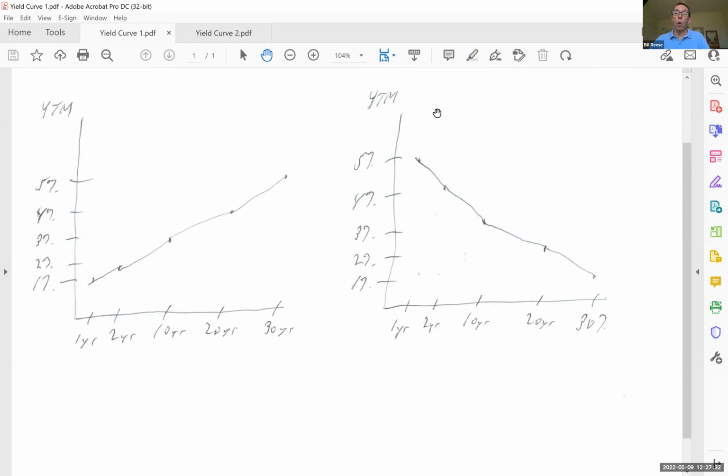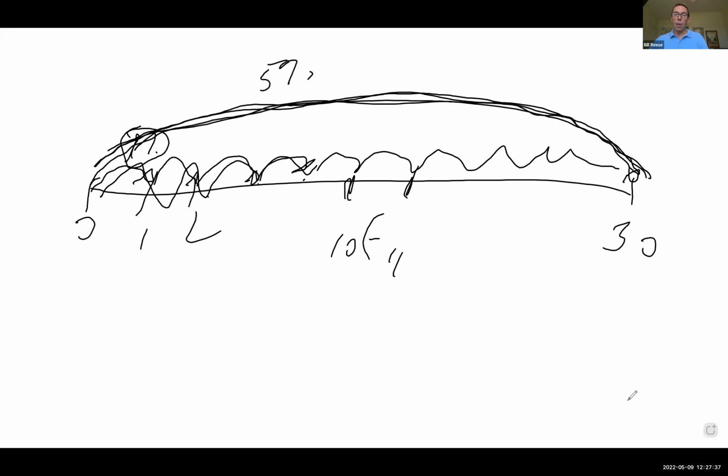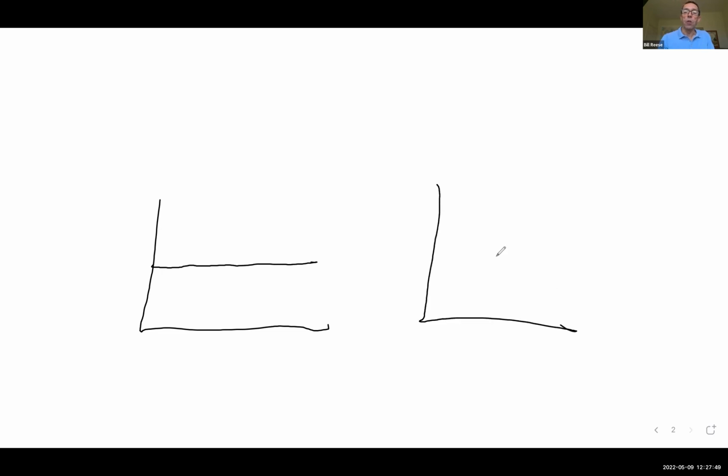So let me draw this out for you here on the whiteboard, okay? Here's our yield curve. If investors are expecting interest rates to stay level, under theory number one, you would see this, okay? But under theory number two, you would see something like this, okay?